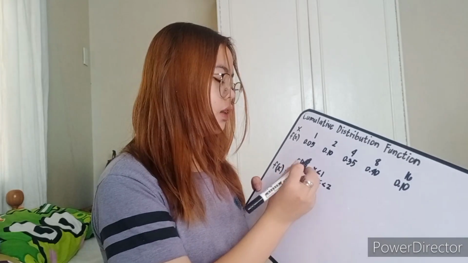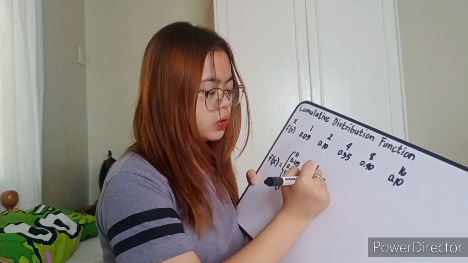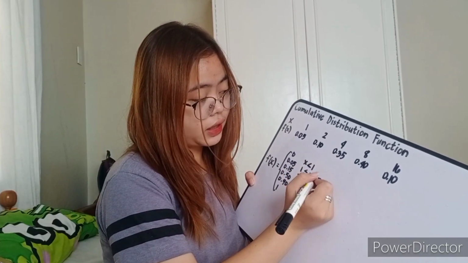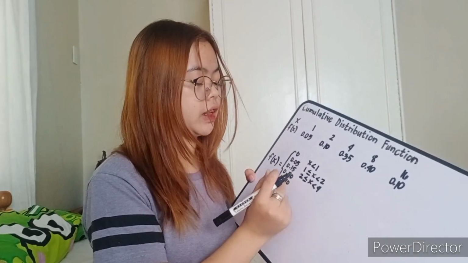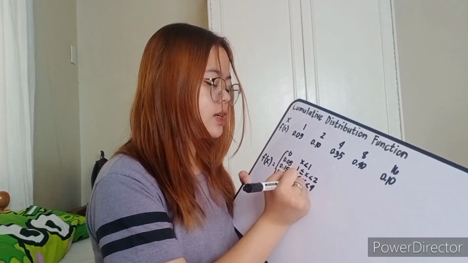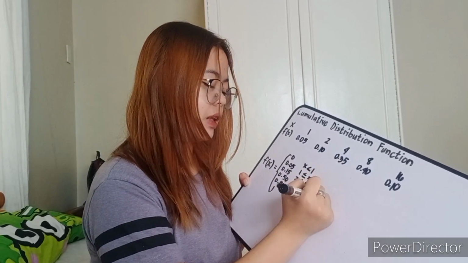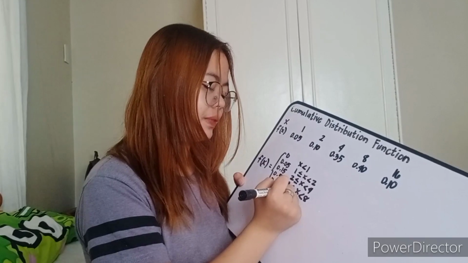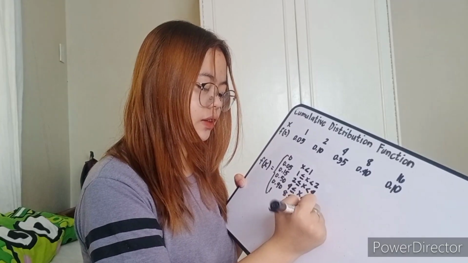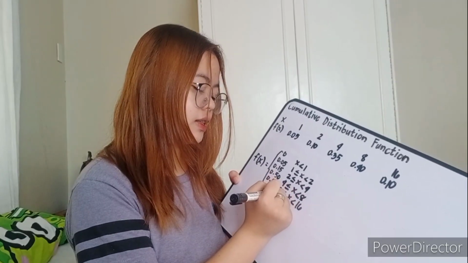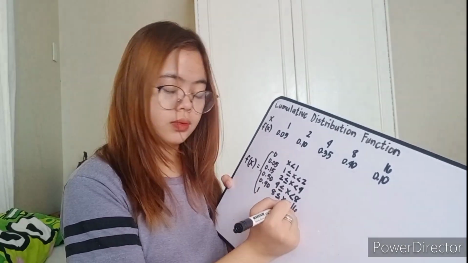For 0.15, 2 is less than or equal to X but less than 4. So, for 0.50, 4 is less than or equal to X but less than 8. For 0.90, 8 is less than or equal to X but less than 16. For 1, 16 is less than or equal to X.